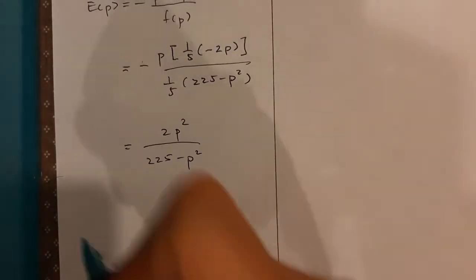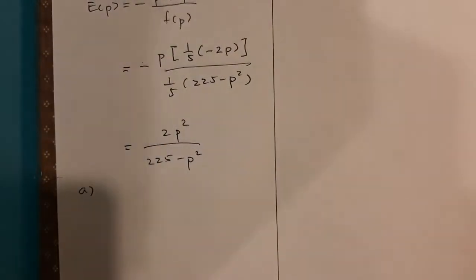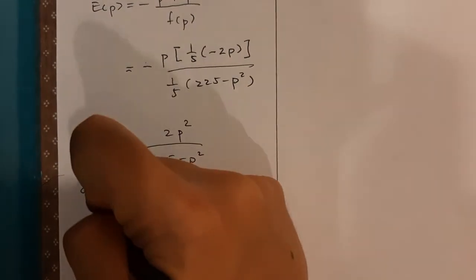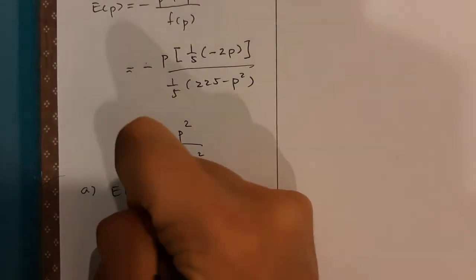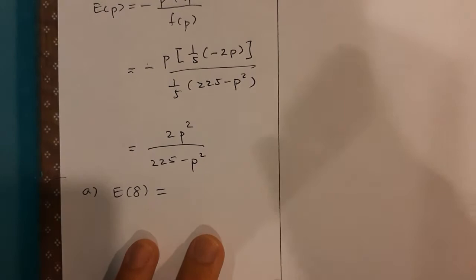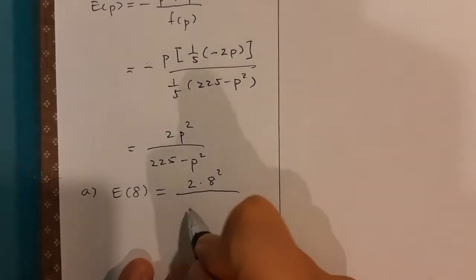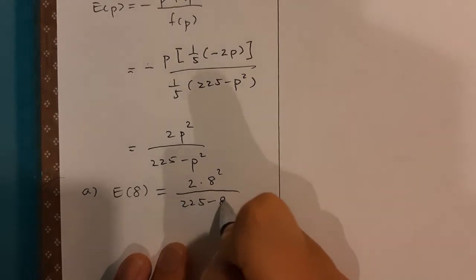So letter A, is the demand elastic or inelastic when p equals 8 and when p equals 10? So first is to get E of 8. So we have 2 times 8 squared over 225 minus 8 squared.